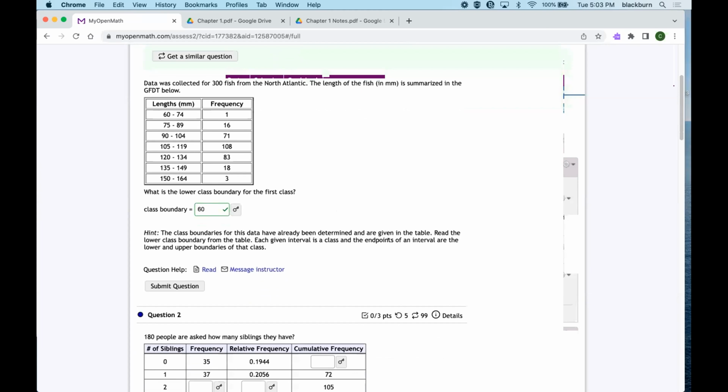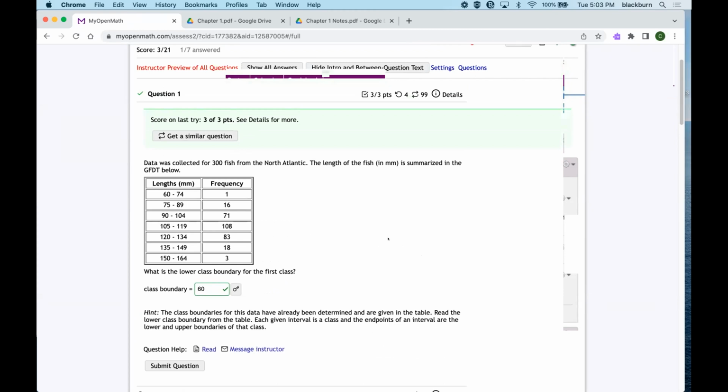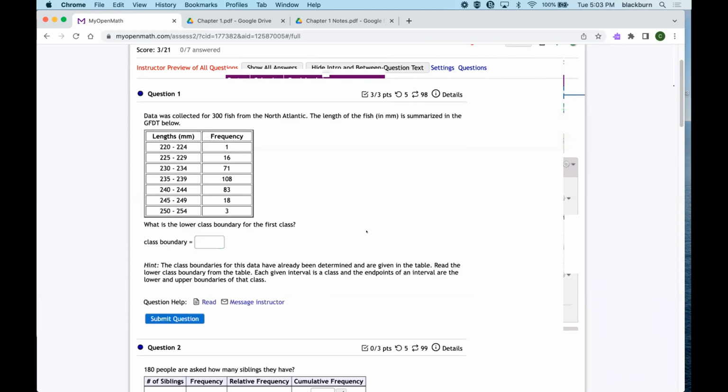So all of us have different questions because it randomizes. The way it's set up, you get 4 tries per question, but then 99 different versions you can do. So if you get it wrong the first time, you could say get a similar question, and then it'll be a totally different question, and you could try it again.